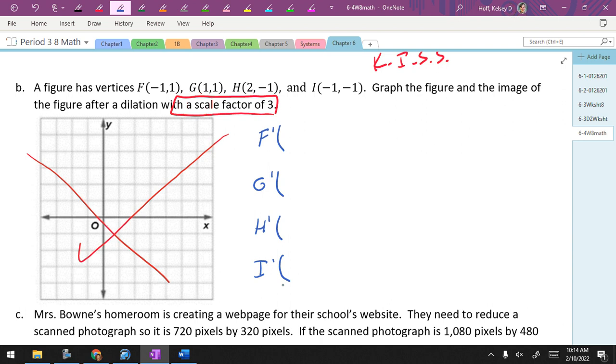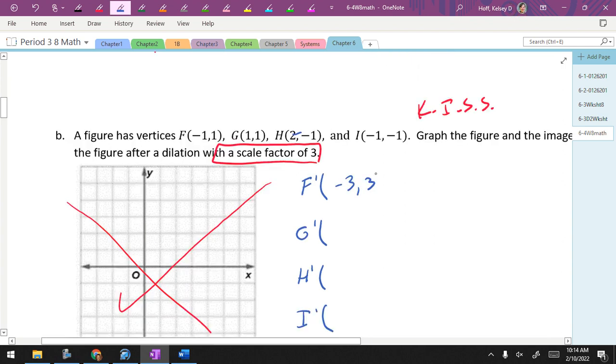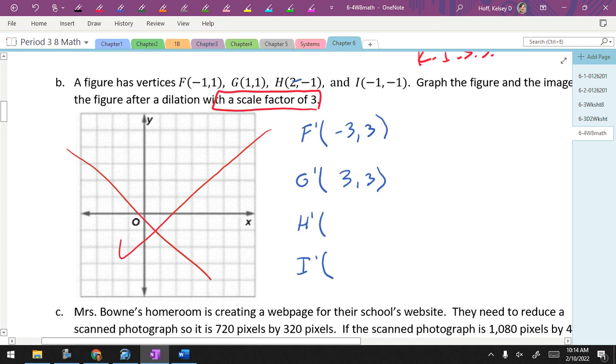All right. F prime would be located at -3, 3. G prime would be located at 3, 3. H prime would be located at 6, -3. And I prime would be -3, -3.